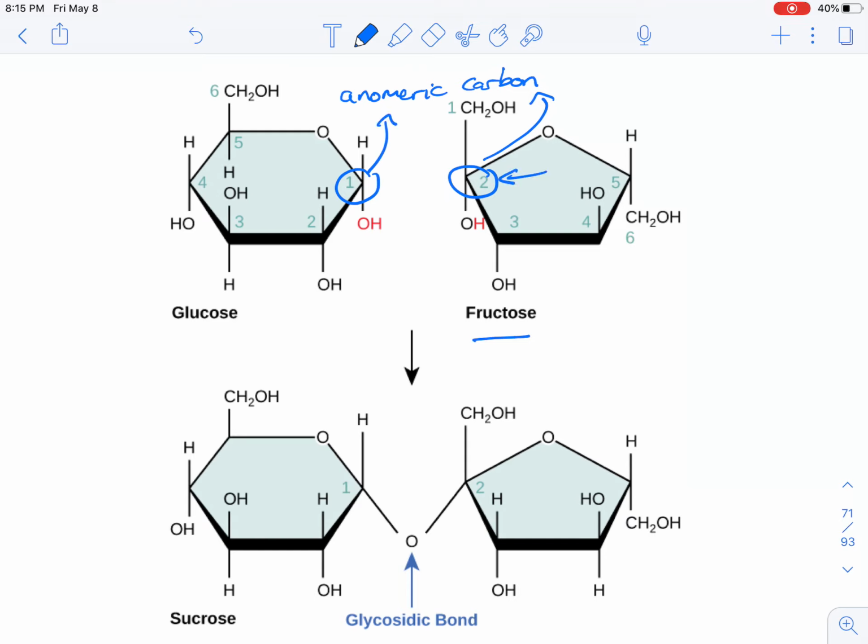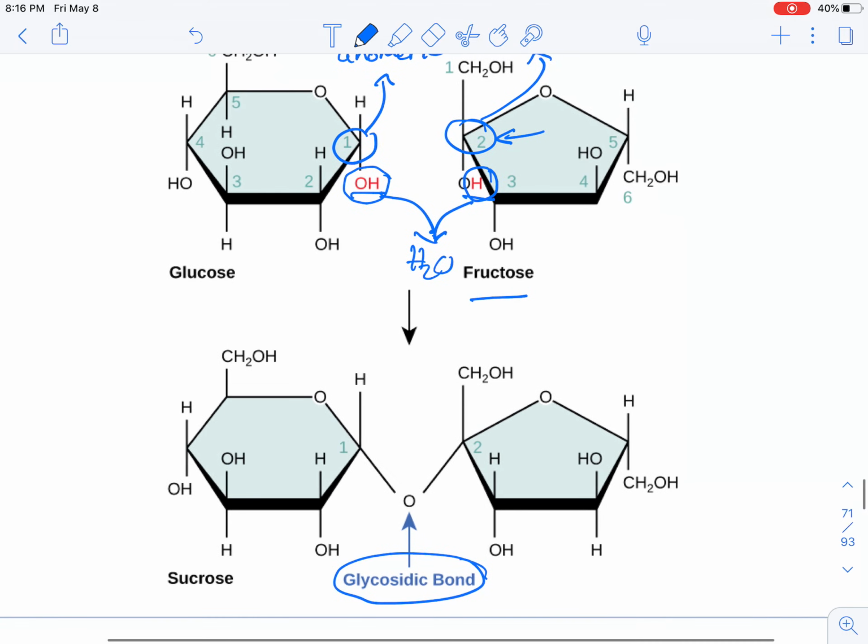And so anyways, the hydroxyl group on the glucose and the hydrogen from the hydroxyl group on the fructose are going to come together. And if you have OH and H, you get water. And so the formation of a glycosidic bond is through a mechanism known as a dehydration reaction.